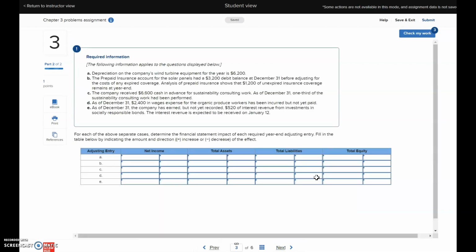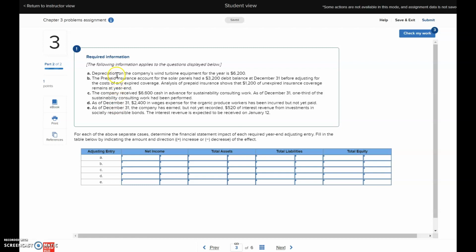Okay. The next one is you're given adjusting entries and you have to say how the financial statements are affected. Okay, so every adjusting entry is either recording an expense or recording a revenue. So we know that an income statement is always going to be affected. Net income will be affected. Okay.